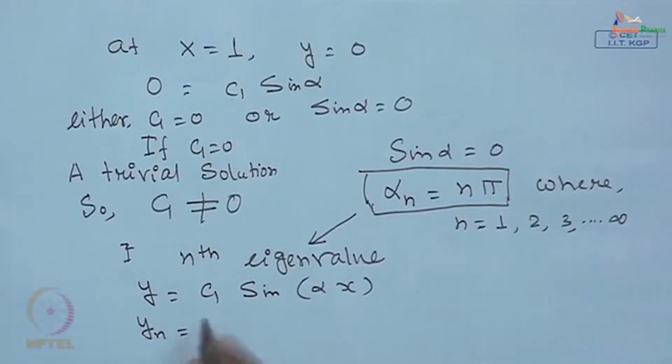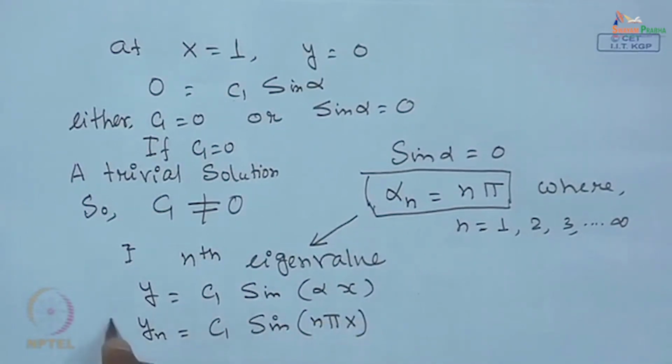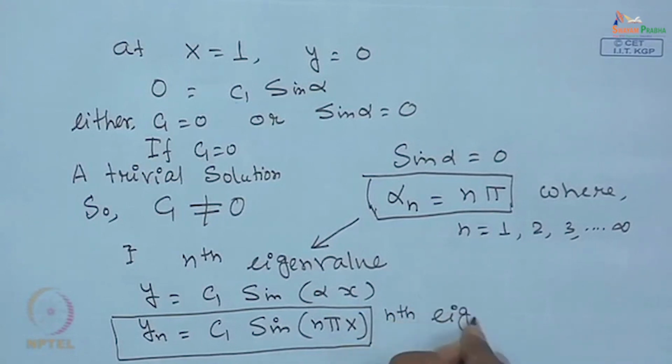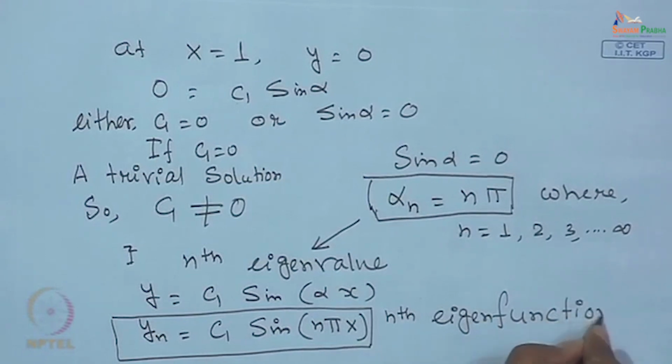We denote it as y subscript n. So, this becomes C1 sin alpha n x, and alpha n becomes n pi. So, it becomes n pi x. So, this is the nth eigenfunction. So, the corresponding eigenfunction is sin n pi x, and the corresponding eigenvalue is n pi.